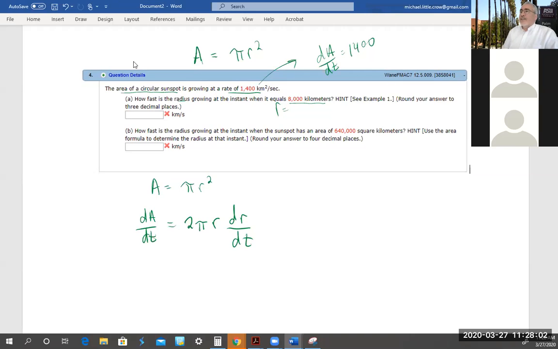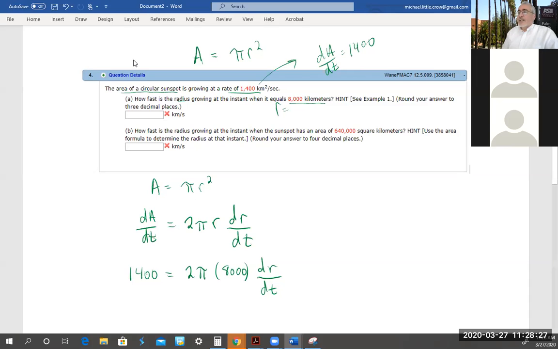dA/dt is the rate of change of area, which is 1400. 2 pi is just 2 pi. And then we were told that the radius is 8,000 at this particular instant. We want to know the rate of change of the radius, dr/dt. So again, we go through the math.